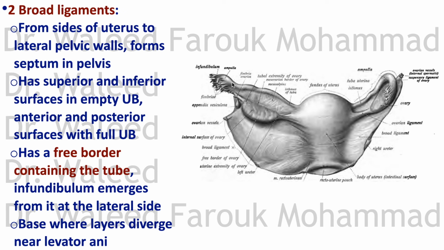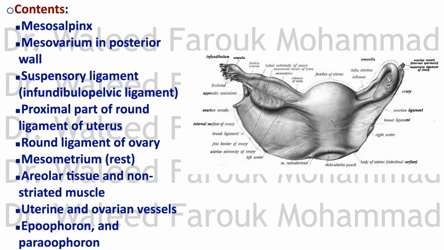It has a free border, see, that contains the uterine tubes. The infundibulum of the uterine tube emerges from its lateral side, and the base is at the reflection of the two layers of the broad ligament, one anterior and one posterior, one to form the uterovesical pouch and one to form the recto-uterine pouch.